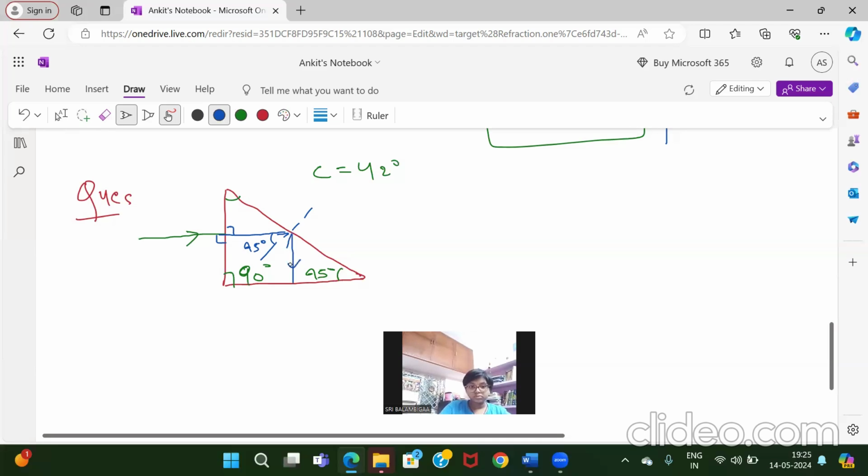Is it so? 45 degree is more than the critical angle. Again, it comes back to the same medium.